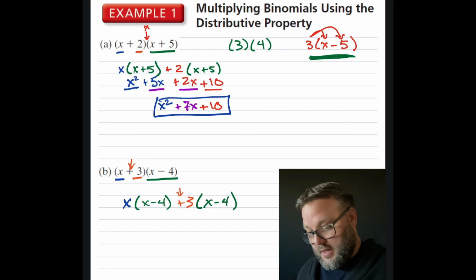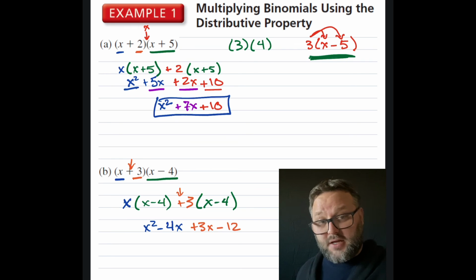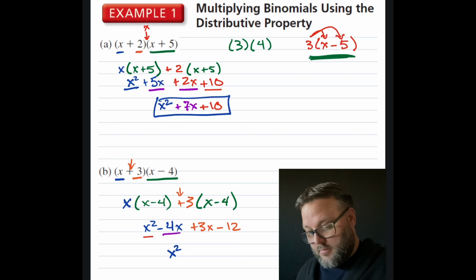Now here I get x squared minus 4x. Over here I get a positive 3x minus 12, because positive 3 times negative 4 is a negative 12. I recognize there's an x squared term here, so I keep that. I combine my x terms.